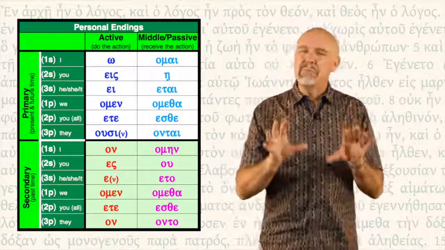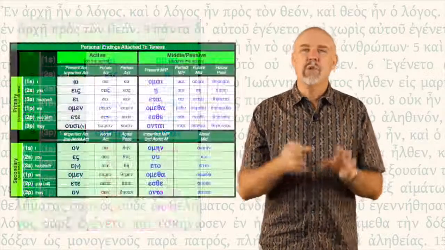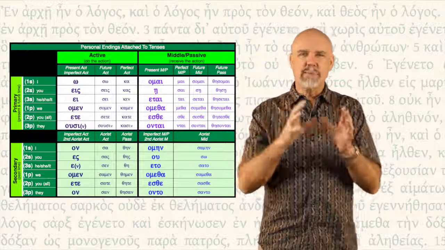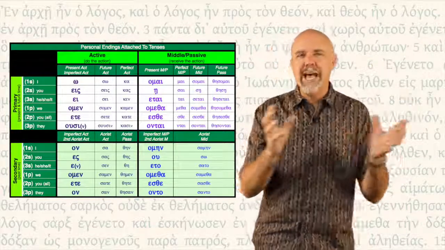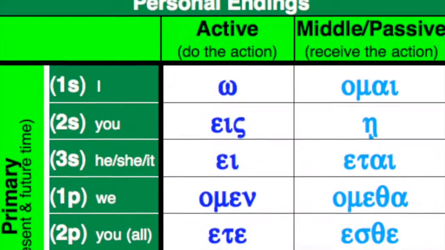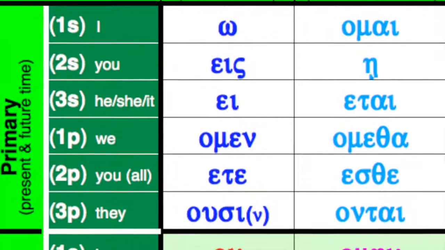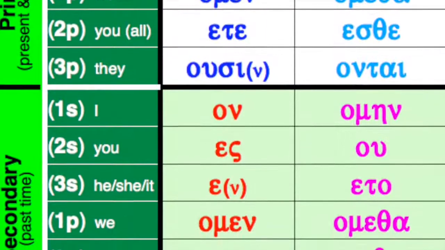Now, I want a little truth in advertising here. I want you to be aware that these endings will change a little bit. The shapes will look slightly different depending on the tenses and other things that happen with the word. So don't be frustrated by that, but understand this is like the skeleton. You need to understand these four basic quadrants really well.